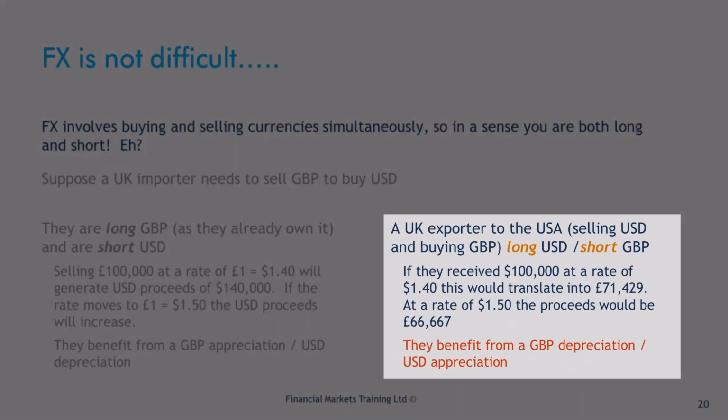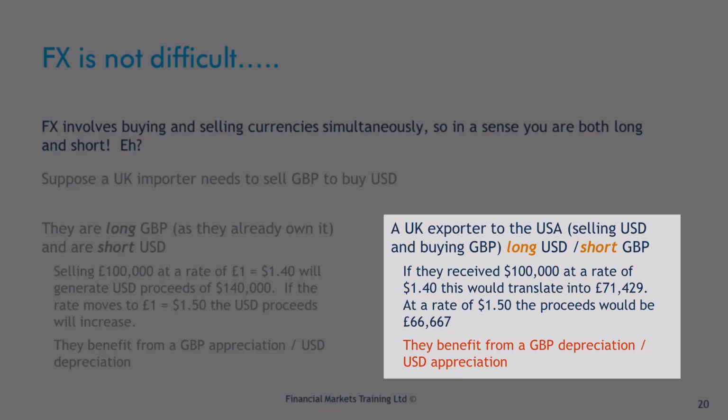Now take a UK exporter to the USA who will be receiving dollars and converting it into sterling. They are long dollars as they're going to receive this money, but they're short sterling. The key here is to understand that they currently do not possess the sterling.